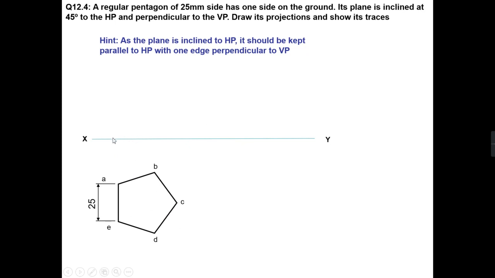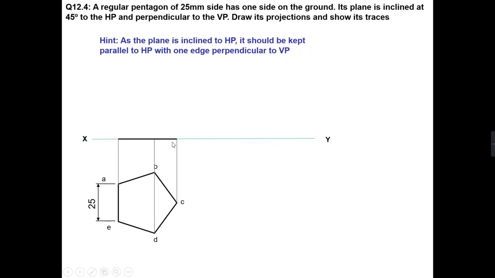In the front view, you will get a straight line. So I will draw the projectors from all the points and I will get a straight line. Okay, so I am drawing it on the reference line, meaning we are assuming that your pentagon is on the horizontal plane, right?